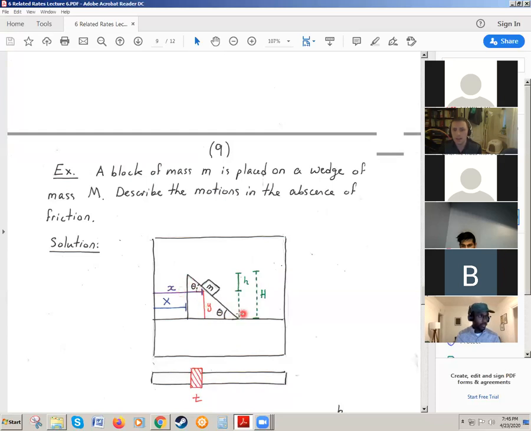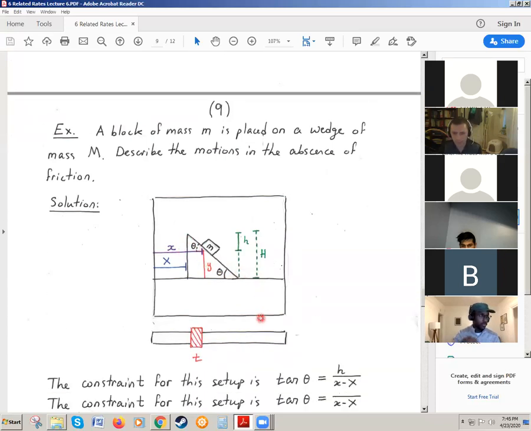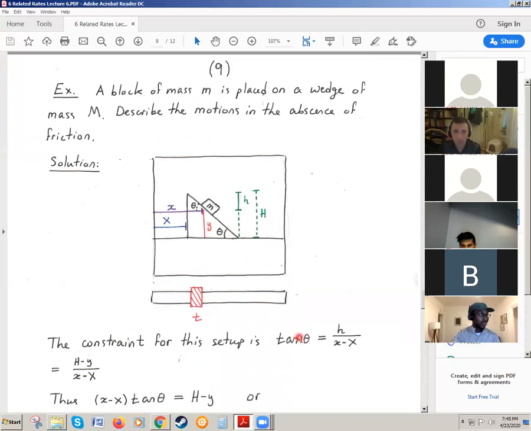And then one of the constraints in kinematics that you would have to figure out, for example, you can notice that if this wedge has angle theta, has height capital H, then at this moment the position of the block can be described as follows.